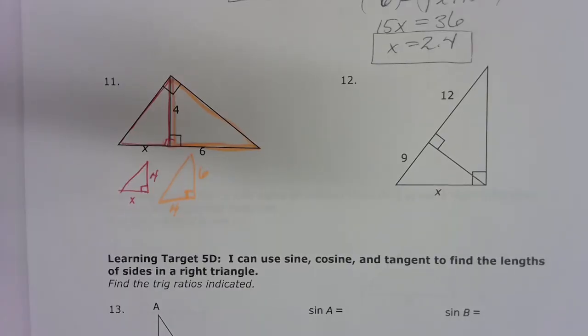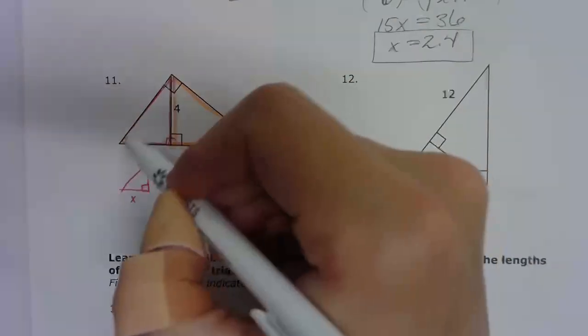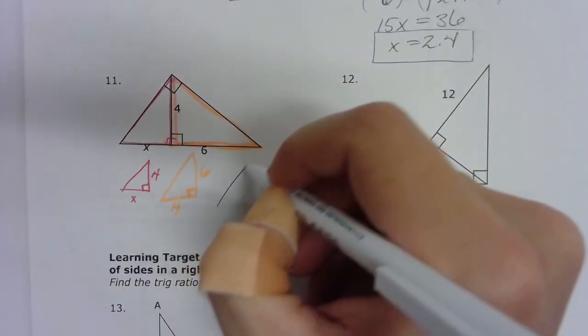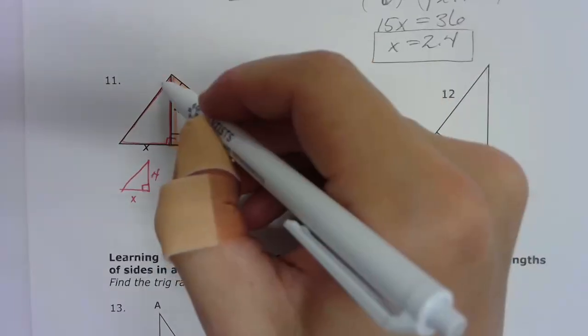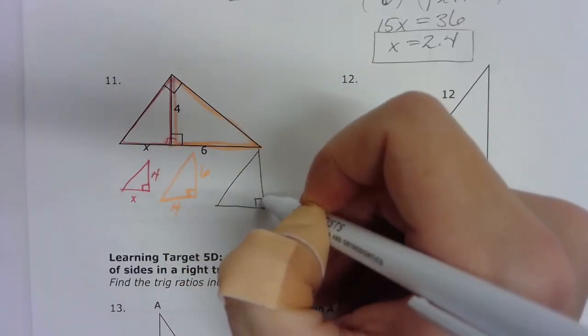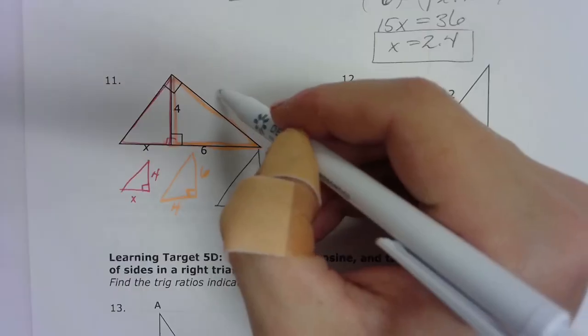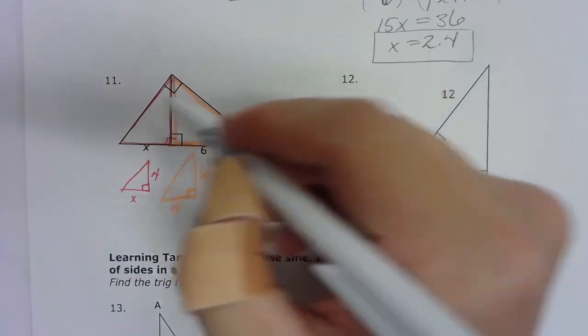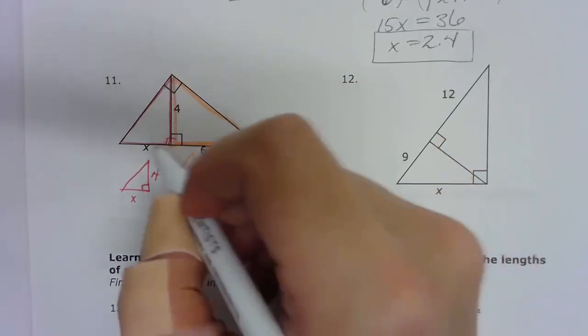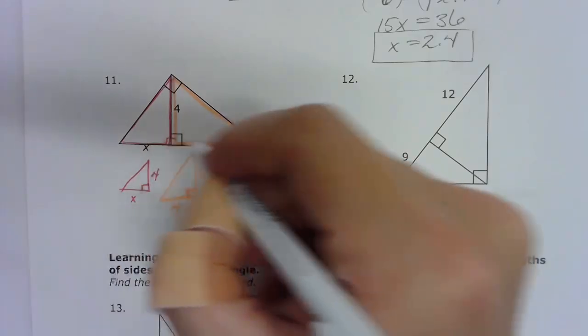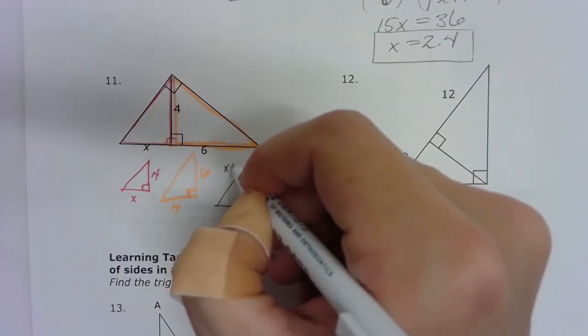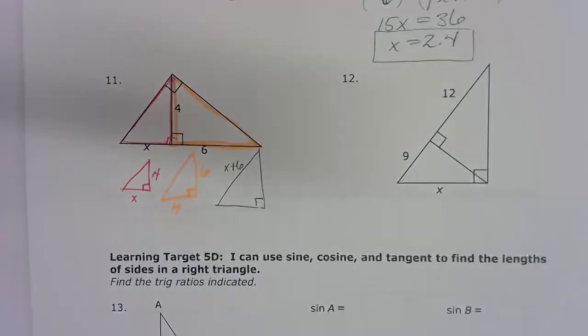And also you could do, in black here, the biggest triangle, this one. Now, if its right angle goes in the corner, then I don't know the left side or the right side. They're both blank. But the hypotenuse is x and 6. So this is x plus 6. Okay.